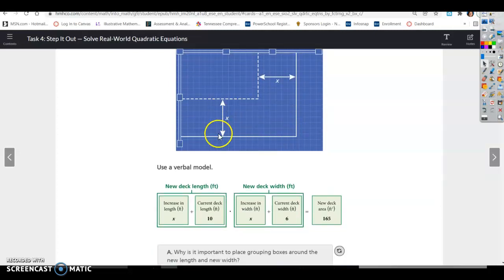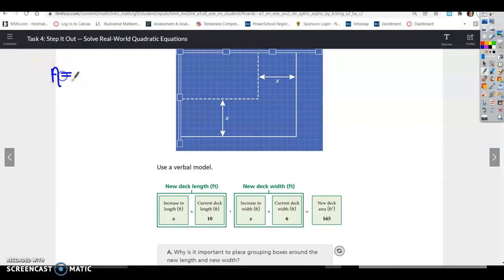All right, to verbally model this, that means we're going to increase the length by x, so x plus 10. And we're going to increase the width by x, so it would be x plus 6. And we need the length times the width to equal 165. So we write it in parentheses because remember, area is length times width.